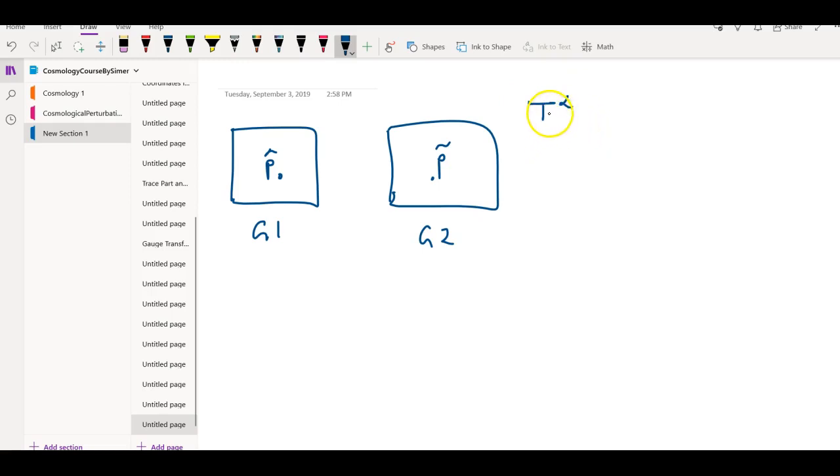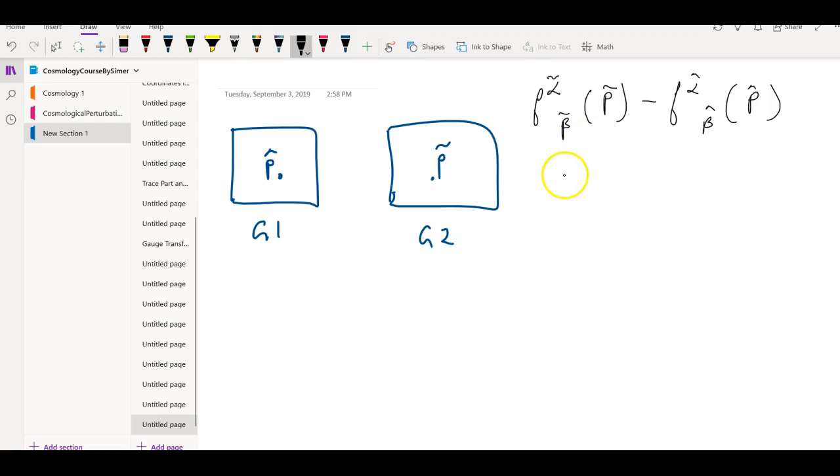F alpha beta, F alpha tilde beta tilde at the p tilde point minus F alpha caret beta caret at the p caret point.